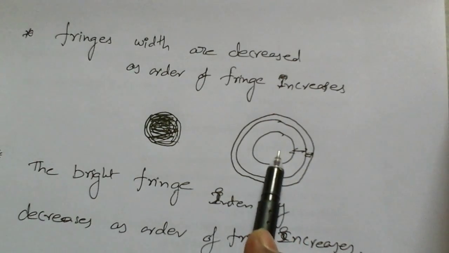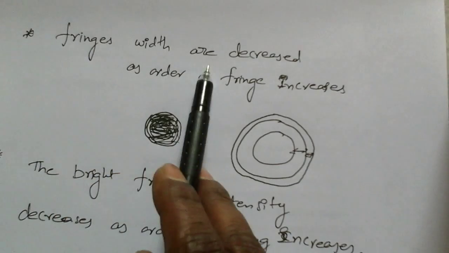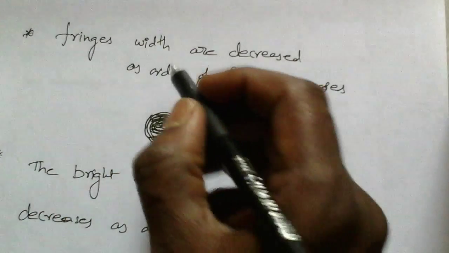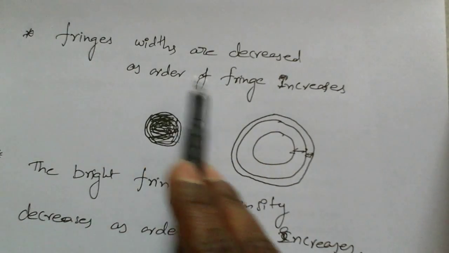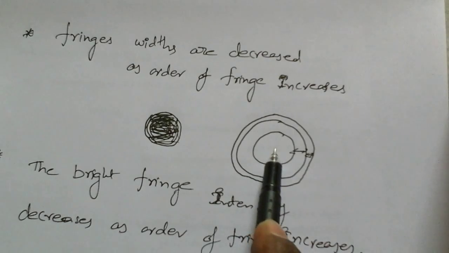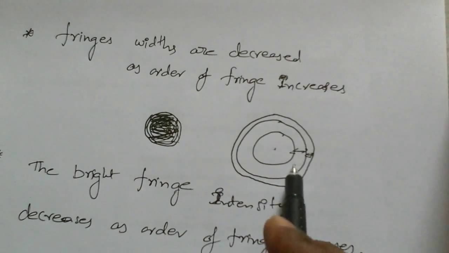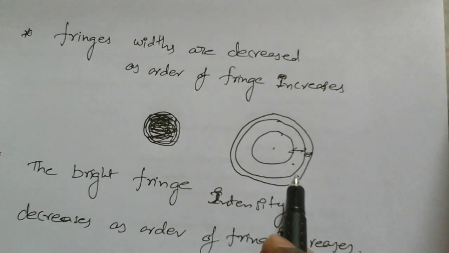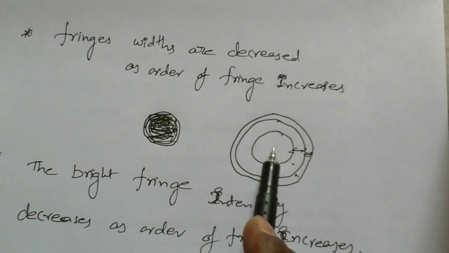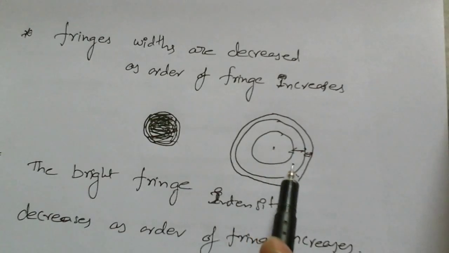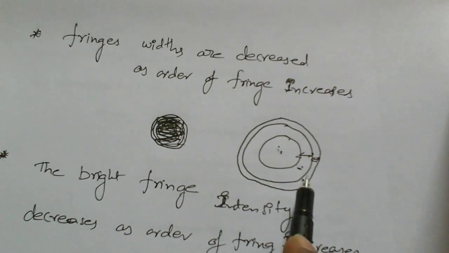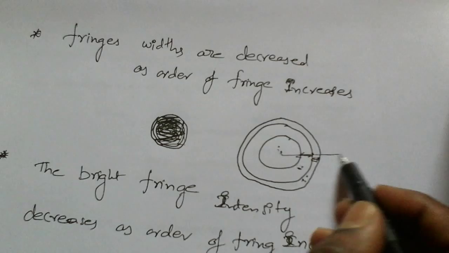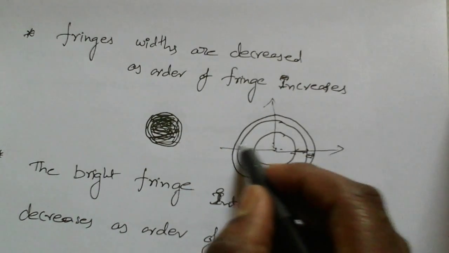So we can say fringe widths decrease as the order of fringes increases. Zero order, first order, second order, like this. Zero order has high fringe width. First order has less fringe width compared to zero order. This fringe width is less and this is very less. Like this, in any direction you go.